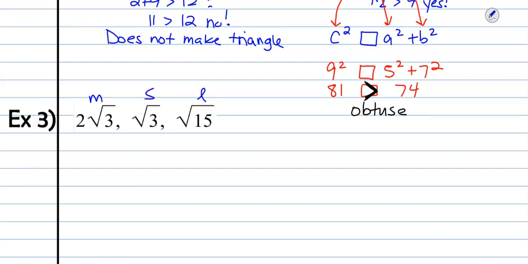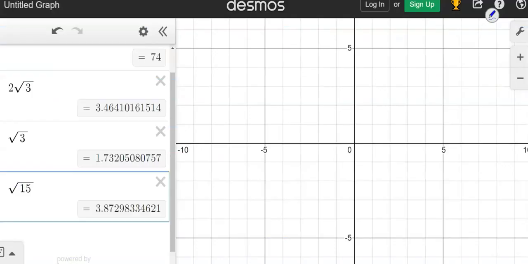Okay, so first thing is to check and make sure that it is in fact a triangle. So we need to do, is the square root of 3 plus 2 square roots of 3 bigger than the square root of 15? That is our question. Okay, so I'm just going to go back to the calculator once again, and we just need to add up the square root of 3 plus 2 square roots of 3.